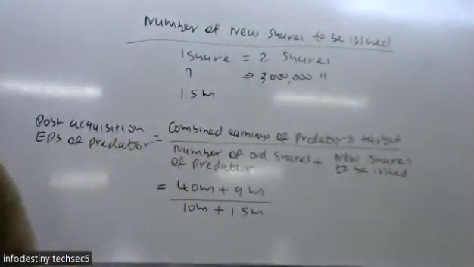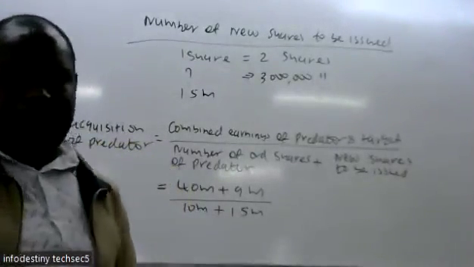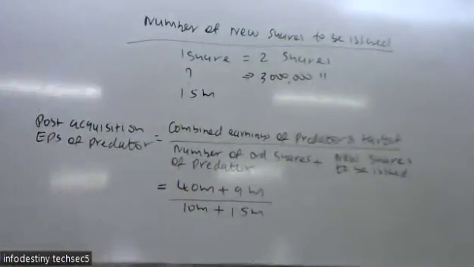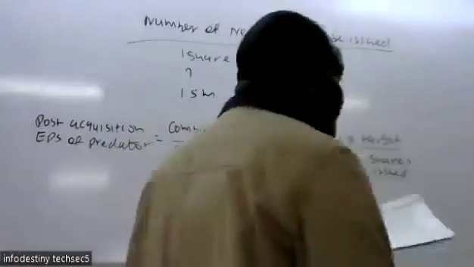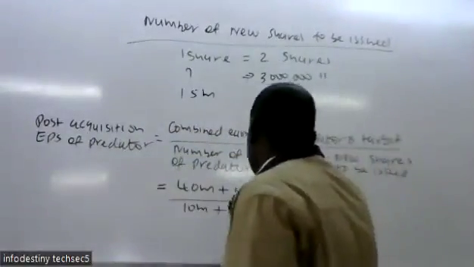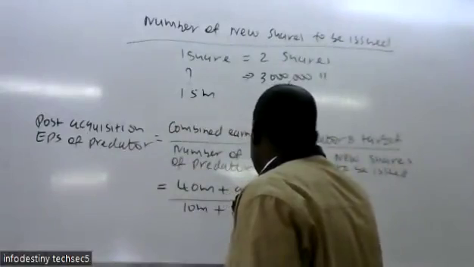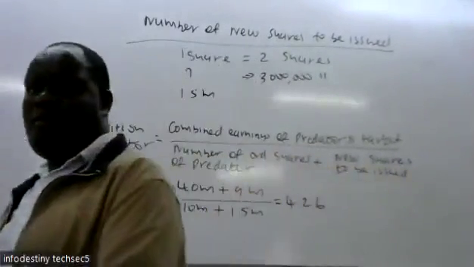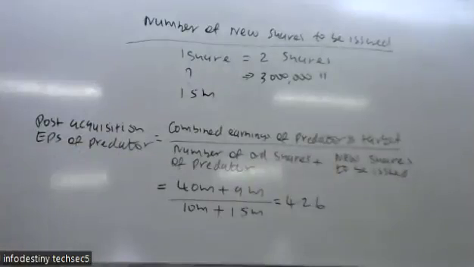So we get 4.26. That now will give you what is supposed to be the earning per share.